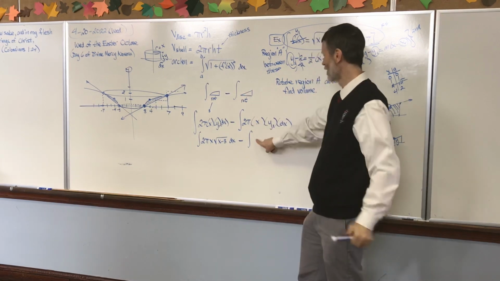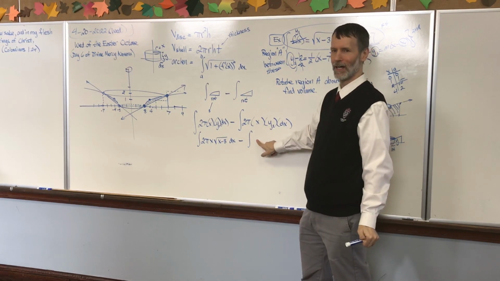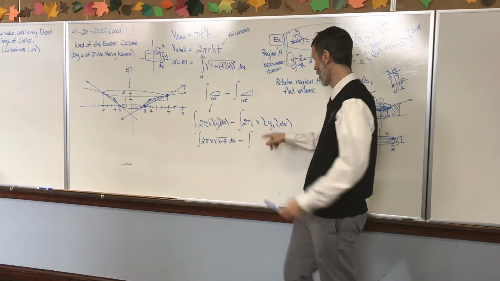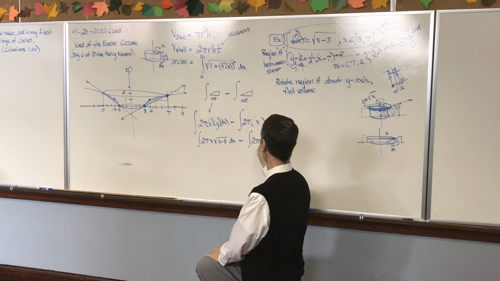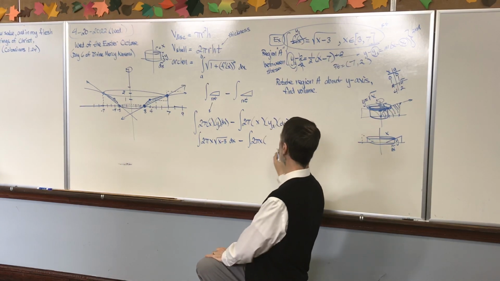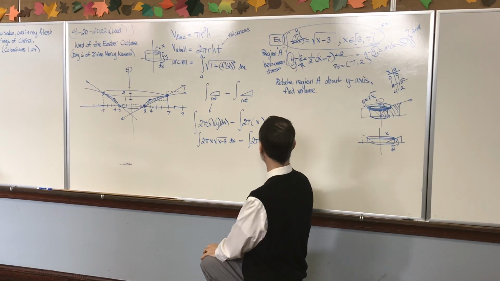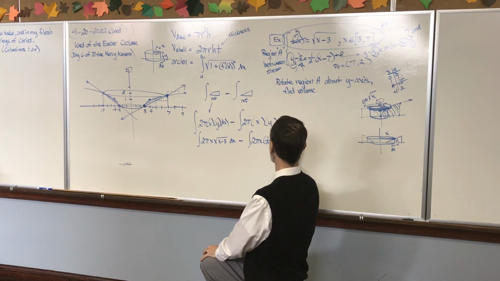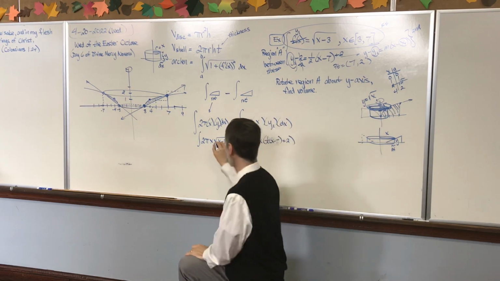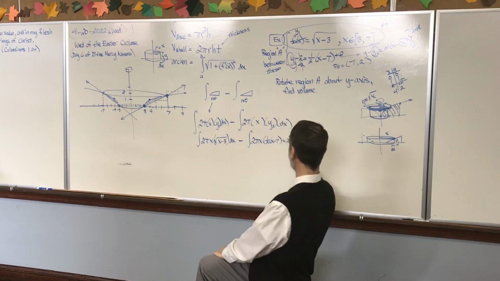So, this thing. Pete, take over. The 2 pi and the x are fine. So you get 2 pi x, and then you get 1, and I should have put this in parentheses. And then what's at the end? Correct.